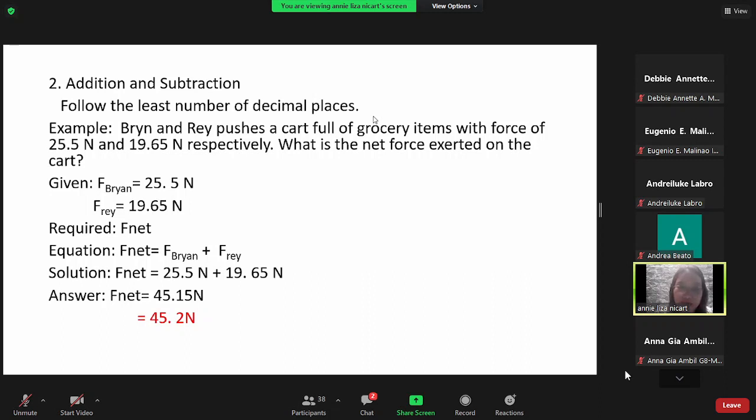Okay, I have Alison May. Okay, please read. What will be our rule when we add or subtract numbers or values? You have to follow what?